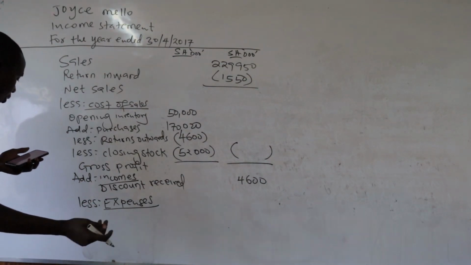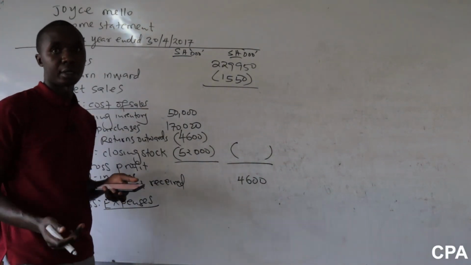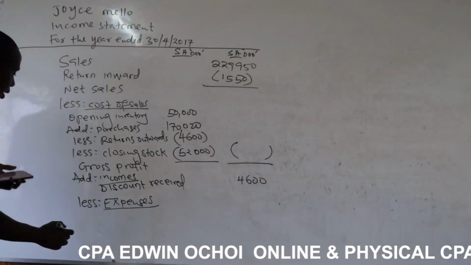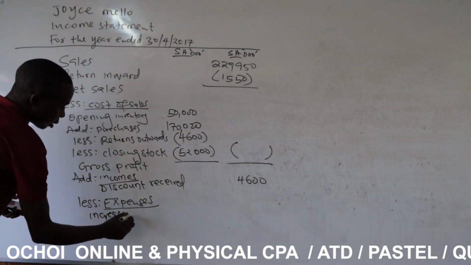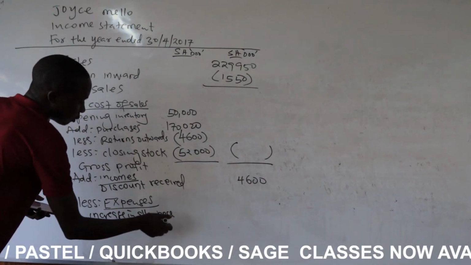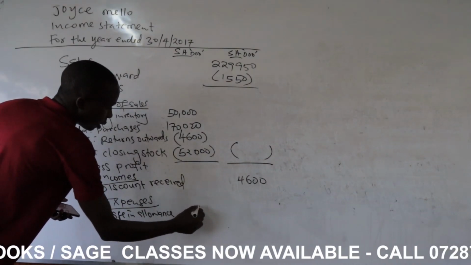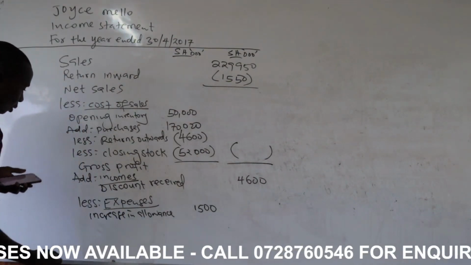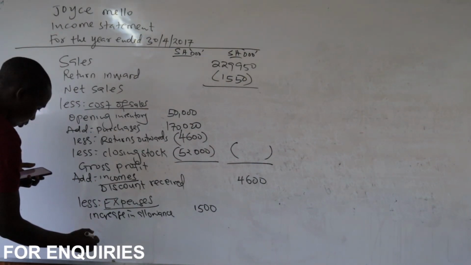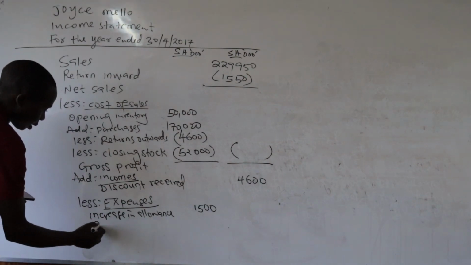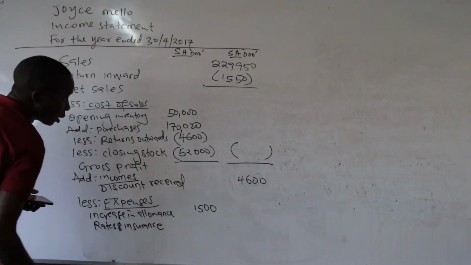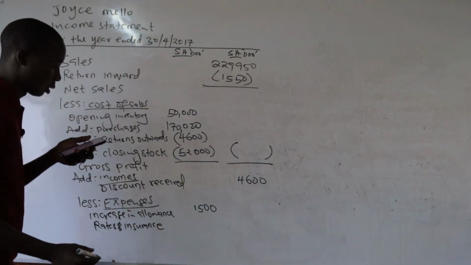For the expenses, I can start from the additional information. We have the increase in allowance for doubtful debt. You know that it was 1,500. I talked about it. In the trial balance, we have what we call rates and insurance. Checking in the additional information, I can see additional information number 2.